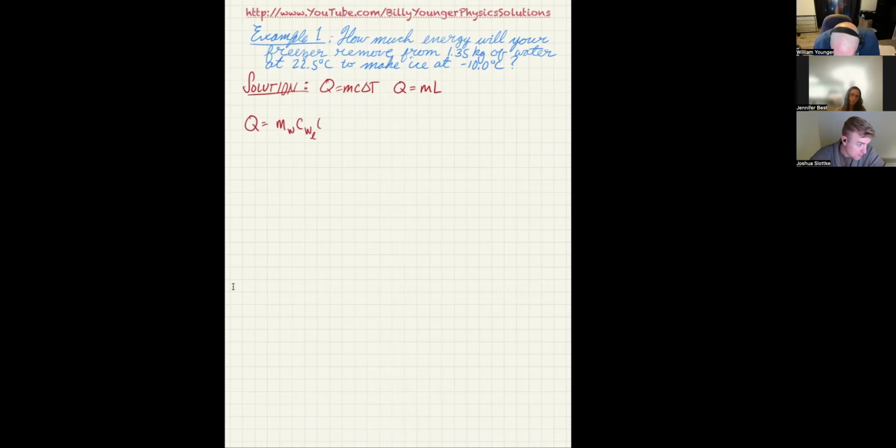That's going to be T initial minus T final. Since I'm going to 0 degrees Celsius, I'll just put that number in because it's easier. No matter what I put there, unless it's a negative number, T initial minus 0 is definitely going to give me a positive quantity. So that should bring it down to 0 degrees Celsius.